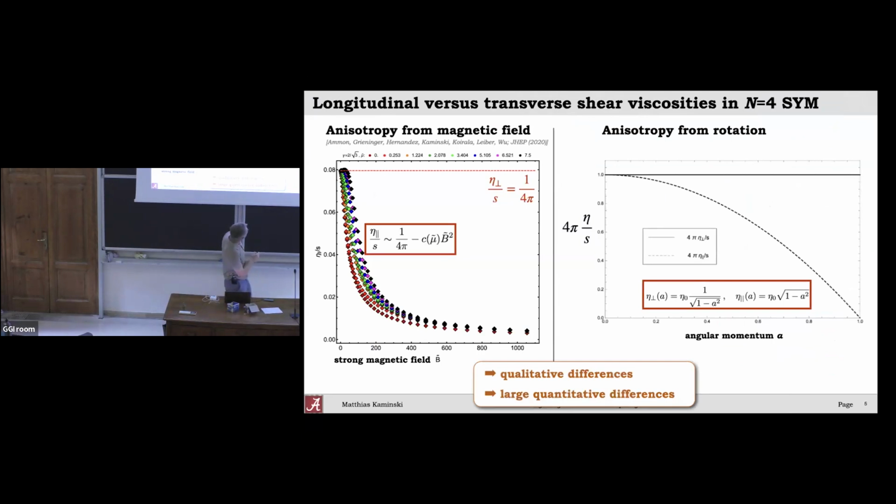So for the rotating case, you have the strict limit of eta over s going to 0 really only in this causality bound, where stuff moves with the speed of light. And in this case here, you never really reach this. This is numerical data, so you can make the magnetic field compared to the temperature as large as you want.